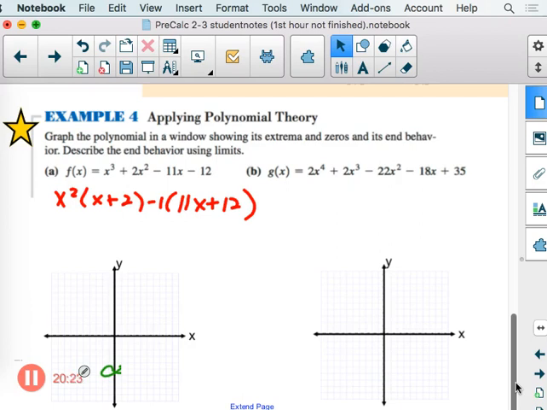I have to see that local max and that local min. Well, the local max, that's not that far off. So in my window, maybe I'll change this from negative 10 to negative 20 to 20. Try that. See if I can see all my x's and y's. Almost. Dips a little bit farther than negative 20. So maybe negative 25.